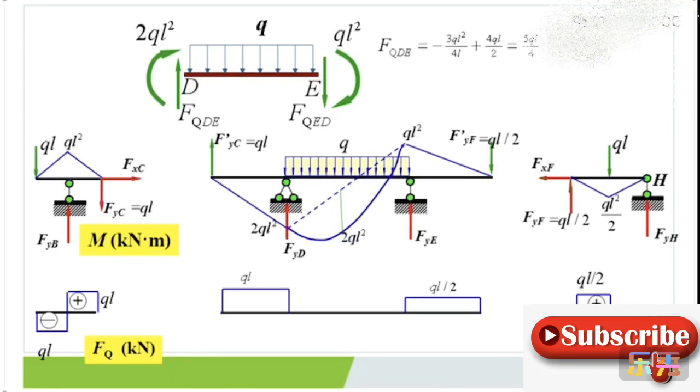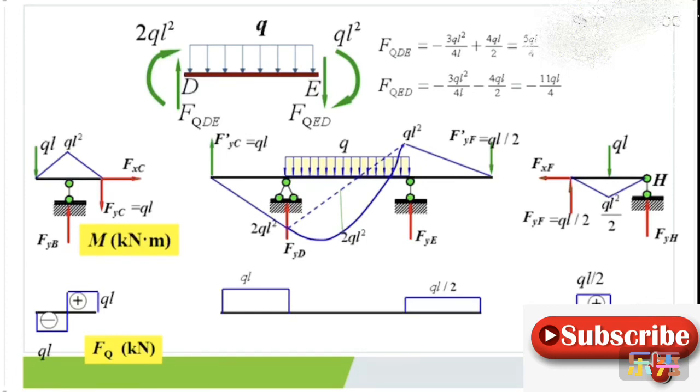FQDE is equal to negative 3QL squared over 4L plus 4QL over 2L. That is 5QL over 4. According to sigma Fy equal to 0, we could solve FQED. That's equal to negative 11QL over 4.